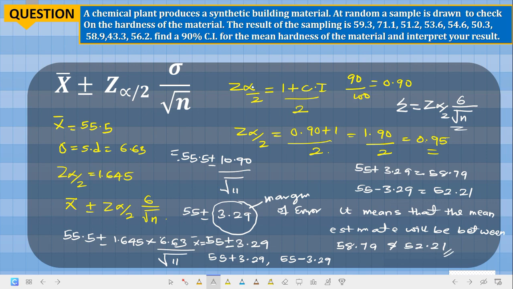So that is how to provide a solution to a question like this.